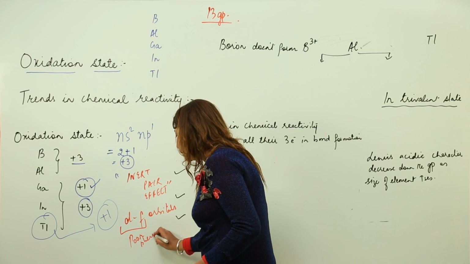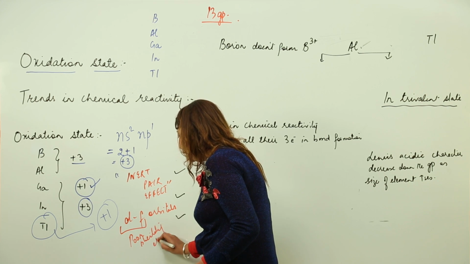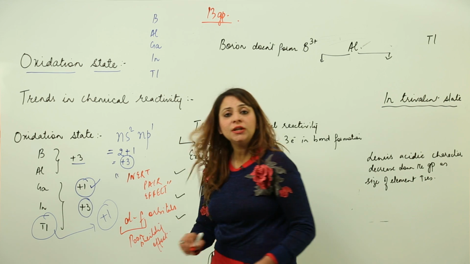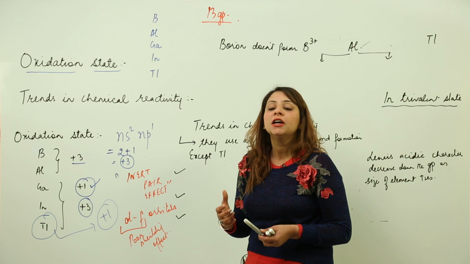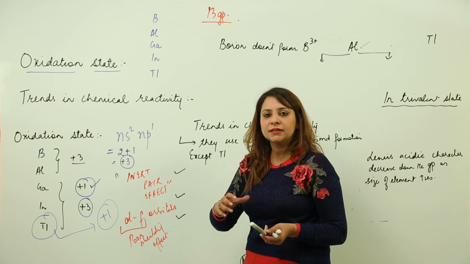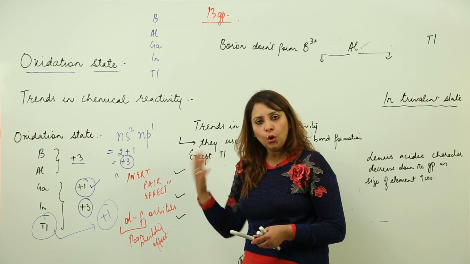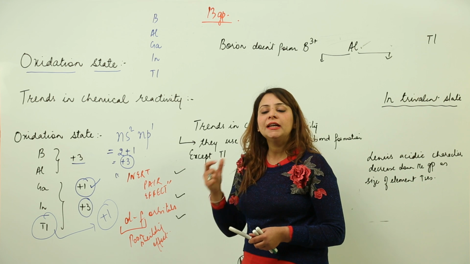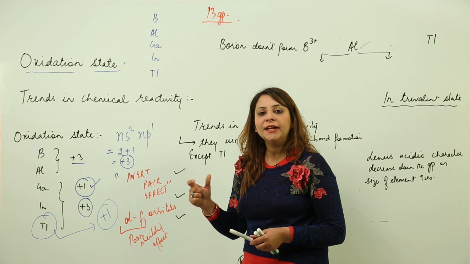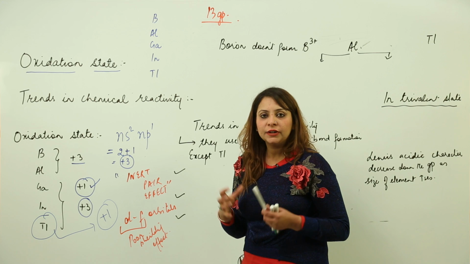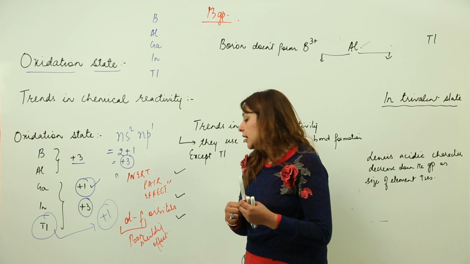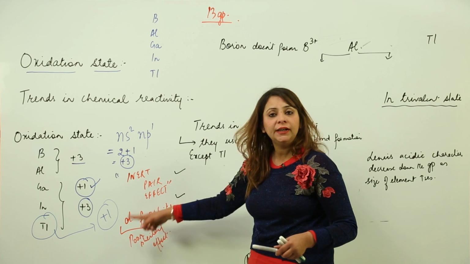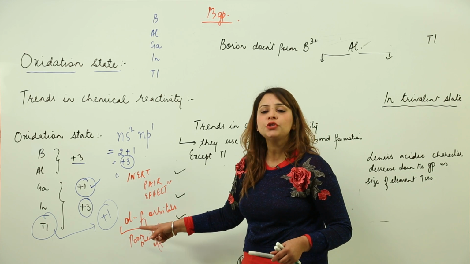Due to this poor shielding effect, the effective nuclear charge is not less, it is actually more. That means the nucleus attracts its valence shell more tightly. The electrons present in the valence shell are more tightly attracted by the nucleus, the reason being that due to filling of d and f orbitals, they have poor shielding effect.